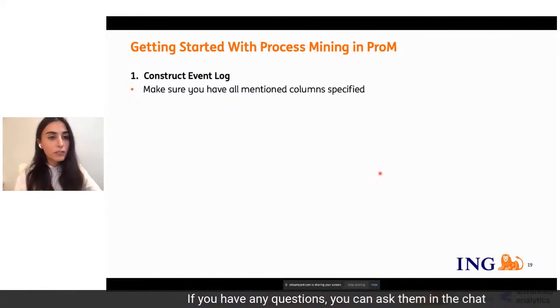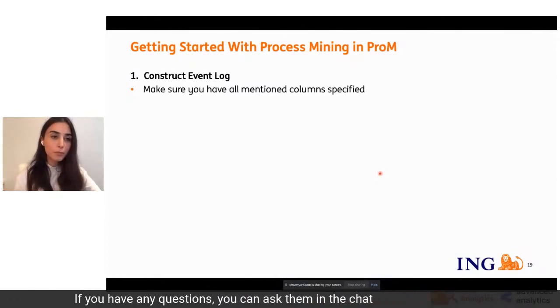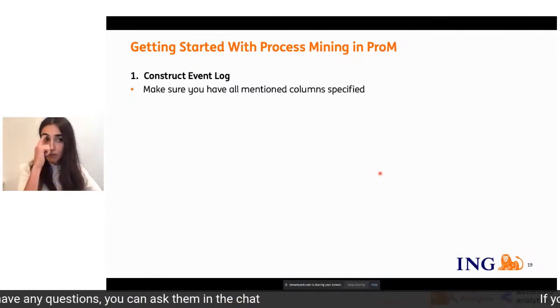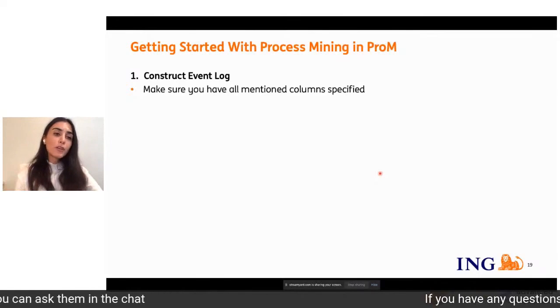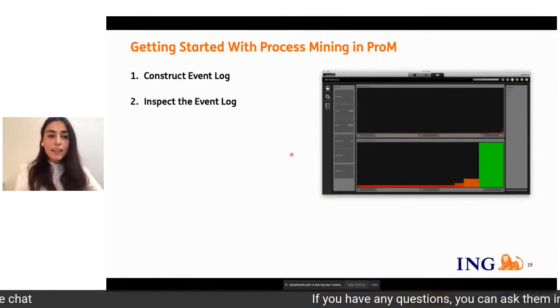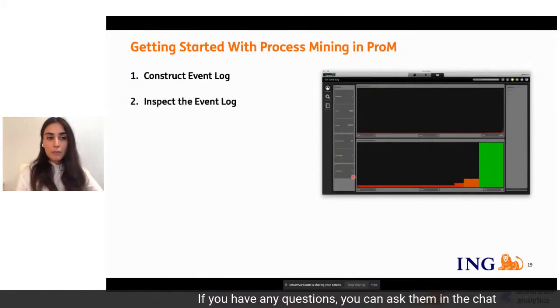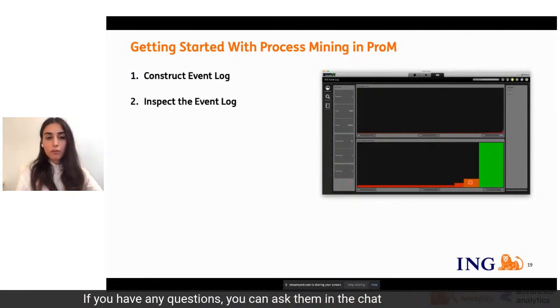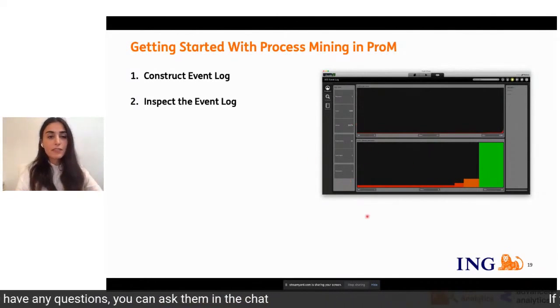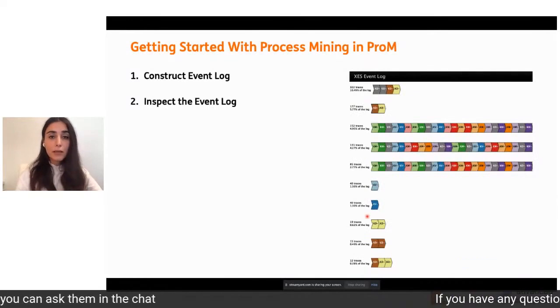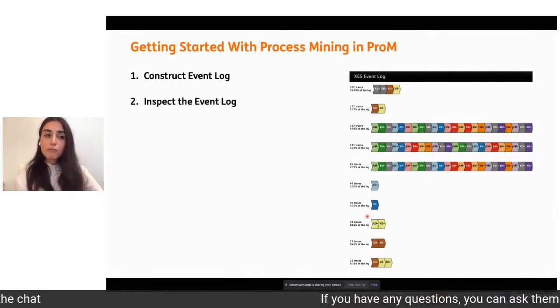So, constructing the event log with a lot of pre-processing, we get to a data frame that can be used for process mining. Then inspecting the data: the ProM tool provides a good inspector for showing the number of cases, the number of activities, or even the chain of events.